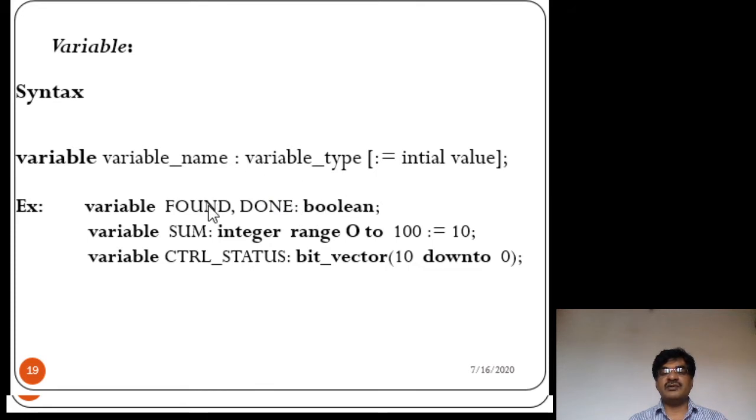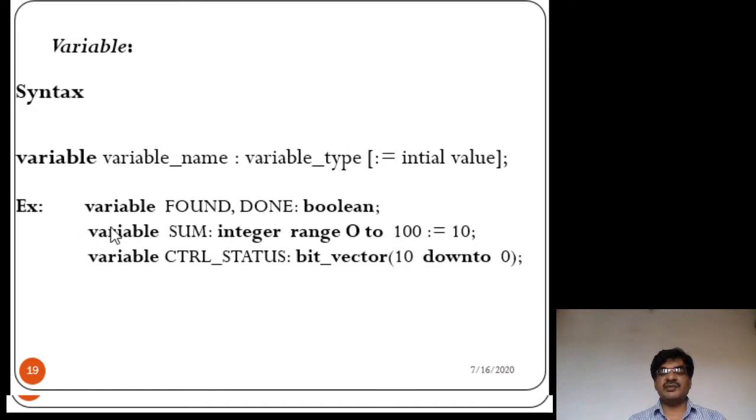Here found is a data object of class variable. Similarly, done is also a data object of class variable, which holds boolean type of data. Boolean is a predefined data type. It consists of two values, true and false. Only those two values can be accepted by the objects found or done.